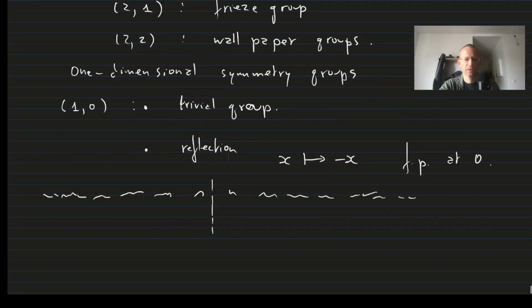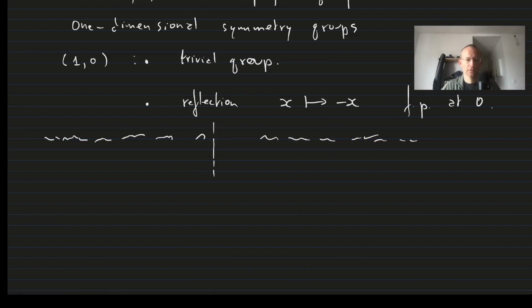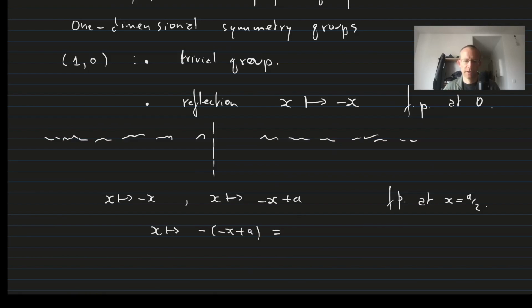Now you can ask, what about the case when we have 2 reflections, say? Well, if we do have 2 reflections, like x goes to minus x and x goes to minus x plus a, which by the way has a fixed point at x equal to a over 2, then x goes to minus x plus a, which is equal to x minus a, is also a symmetry, and therefore there is a translation amongst the symmetries.